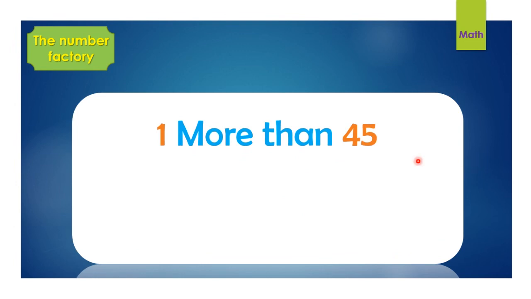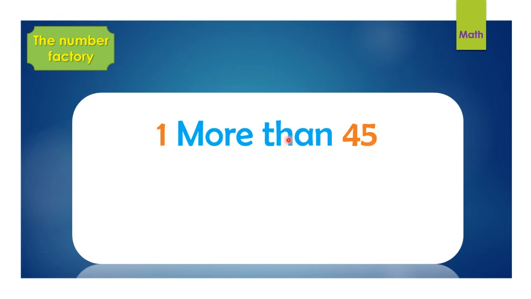Okay. Now, I have 1 more than 45. Where's the number line, mister? Can you do it without the number line? Yeah, we can do it without the number line. Let's see how. First, he said here 1 more than 45.